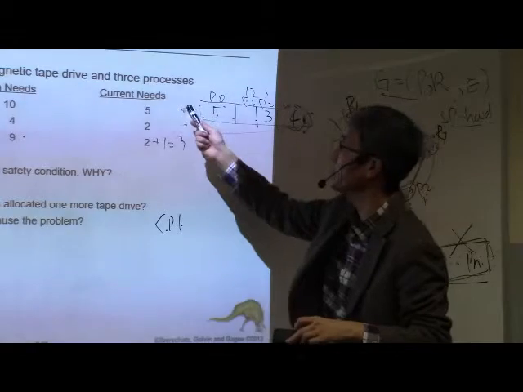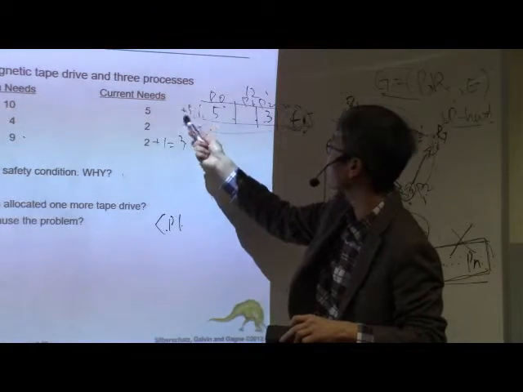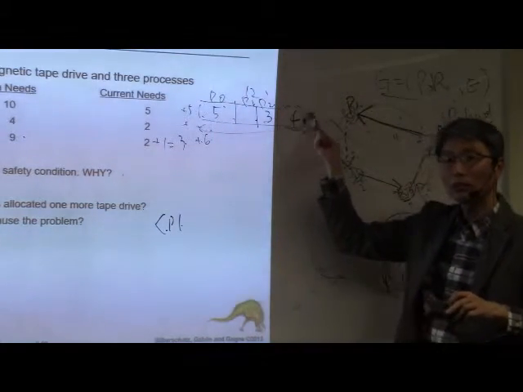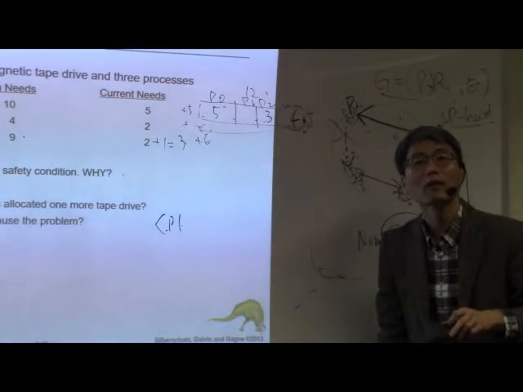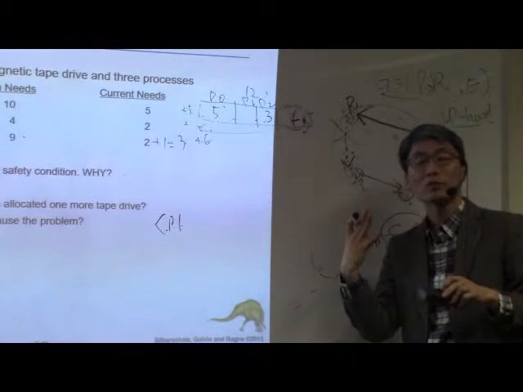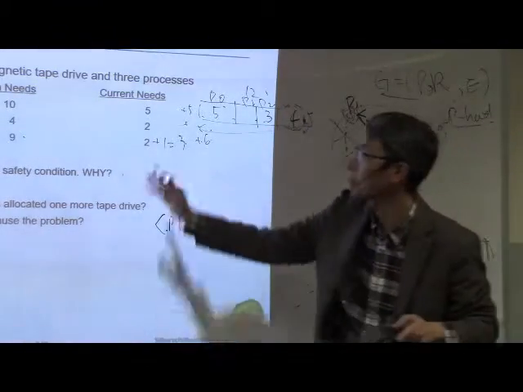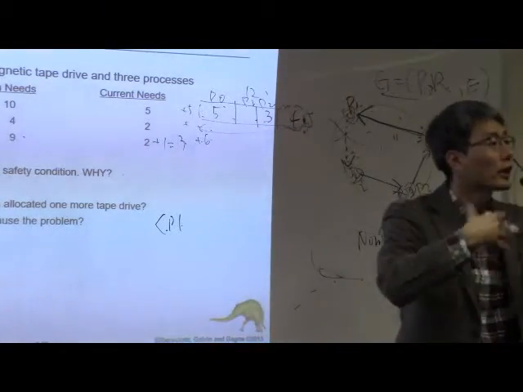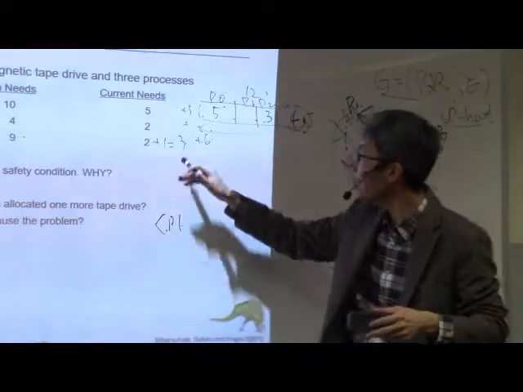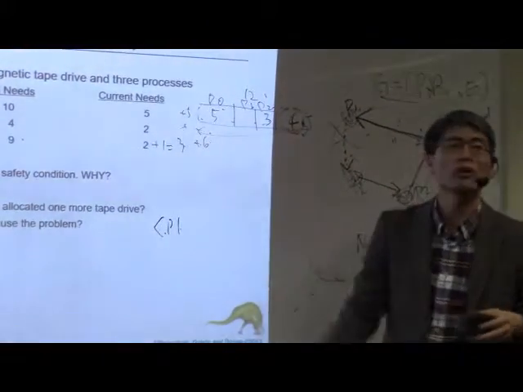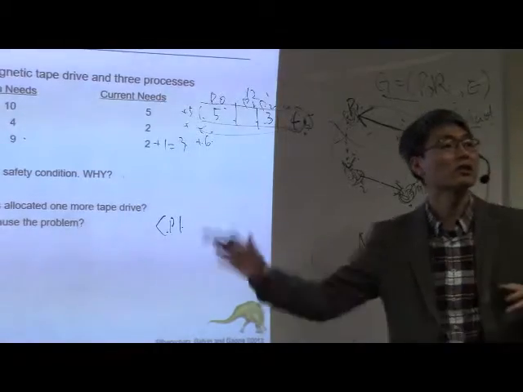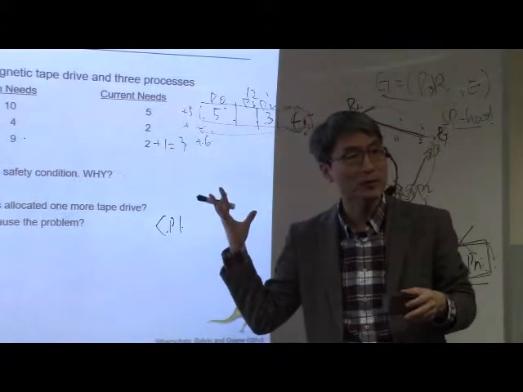Definitely not possible. P0 needs 5 more, but we have only 4 available, which means it's waiting for another process like P2 to release its resources, but P2 is still waiting for this one. So this is called a non-safe state.